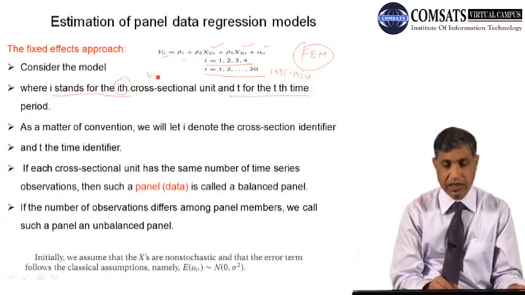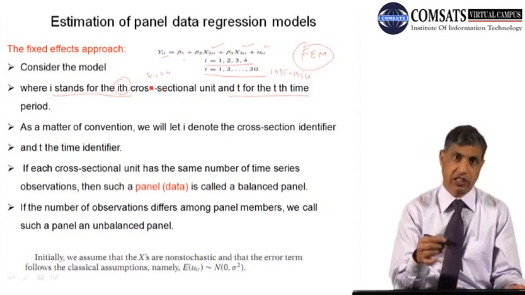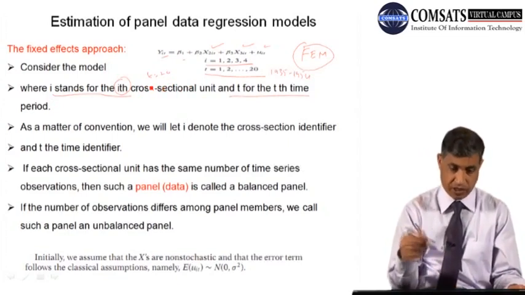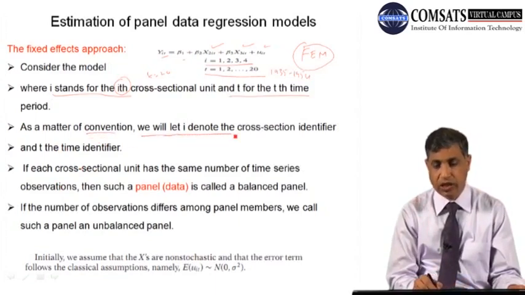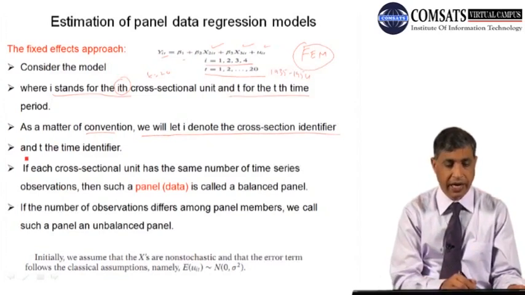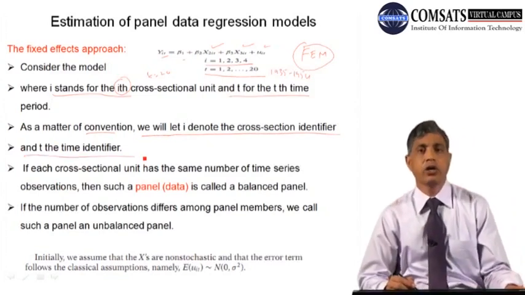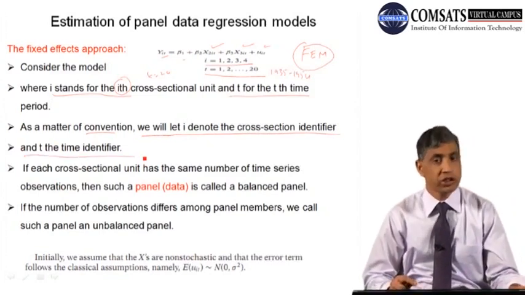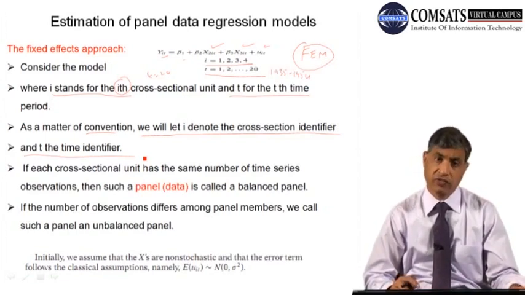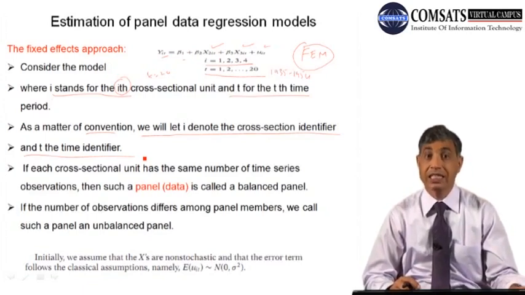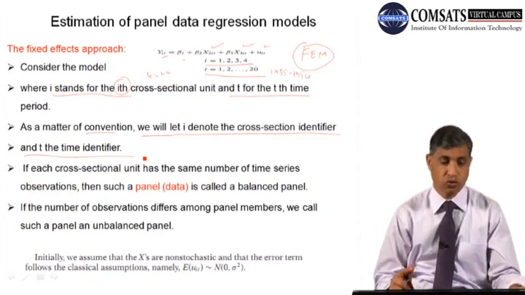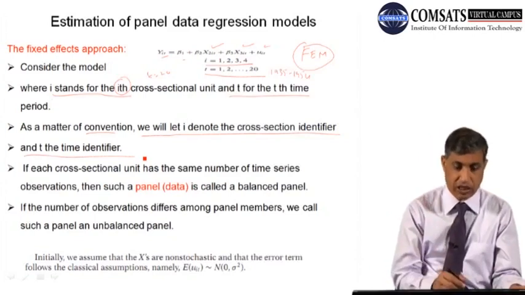If t is 20, it means this is the last observation in the time series. As a matter of convention, we let i denote the cross-sectional identifier and t the time identifier. It is just a convention, not a sacred rule; you can use other notation, but sometimes there is a standard notation, so following that, I am doing this.